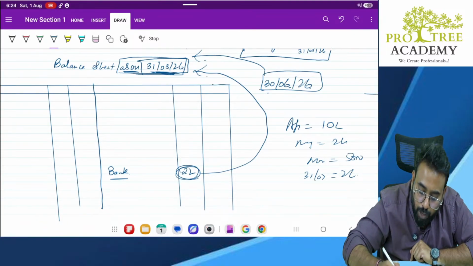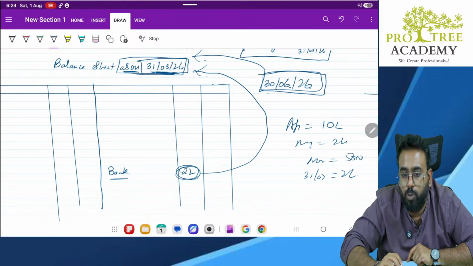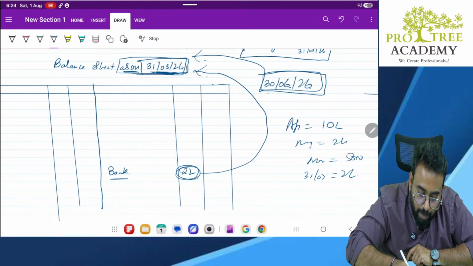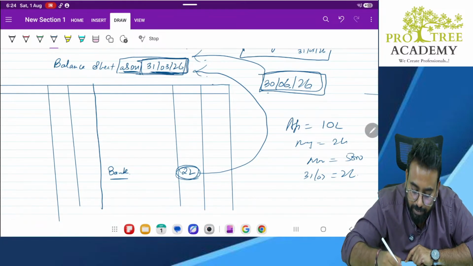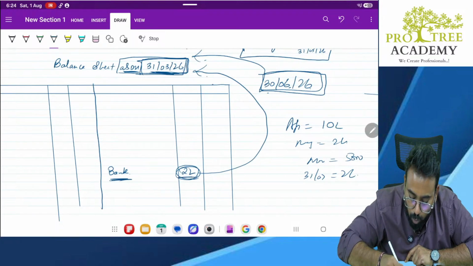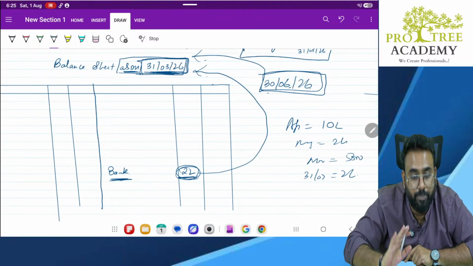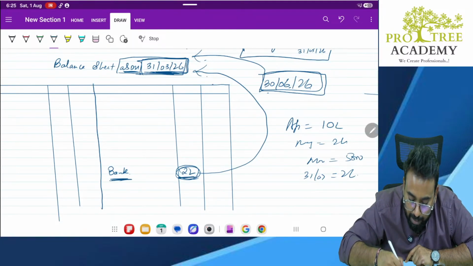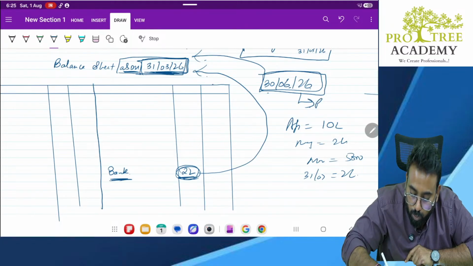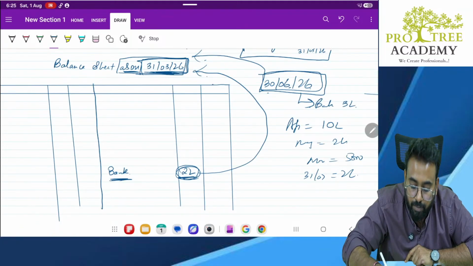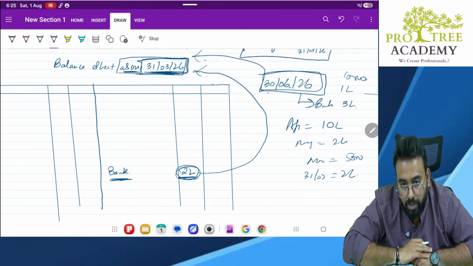Clear? So, if you are preparing the balance sheet on 30th June 2026 and the balance sheet is as on 31st March 2026, if the bank balance is showing 2 lakh on the balance sheet date, it doesn't mean that the bank balance is 2 lakh on 30th June. The bank balance might be 3 lakh or 1 lakh or 10,000 also. Is everybody following?